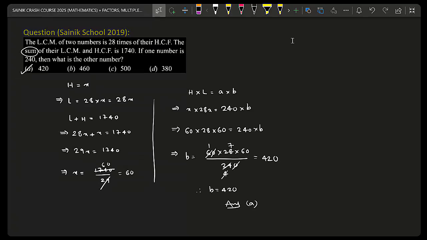Sir, is there any shortcut for this method? No, this is the shorter way, because they did not give the product, they gave the sum, so we have to work like this. Any other doubts from other students? If there are no doubts, you can copy the solution. I am waiting on the screen.